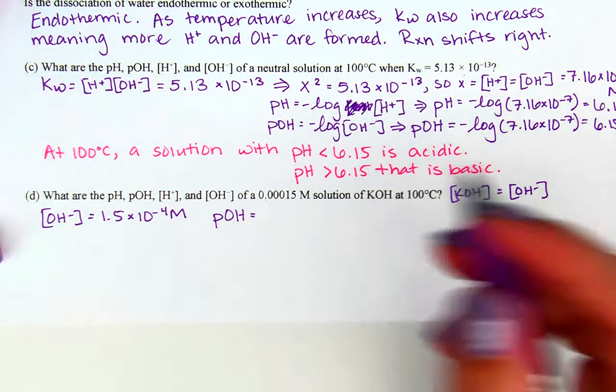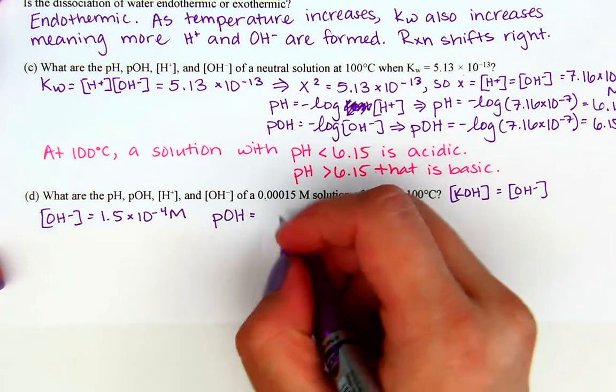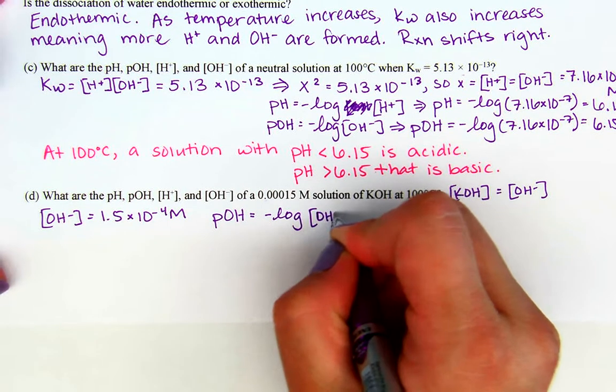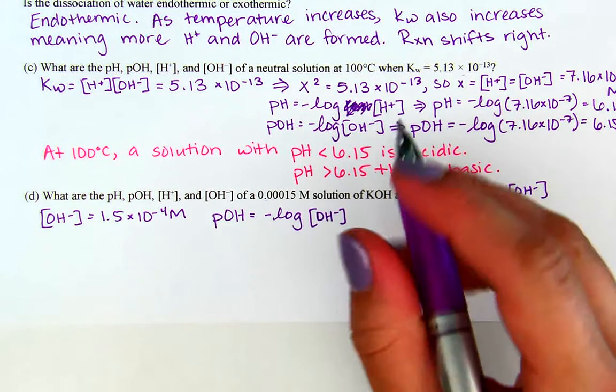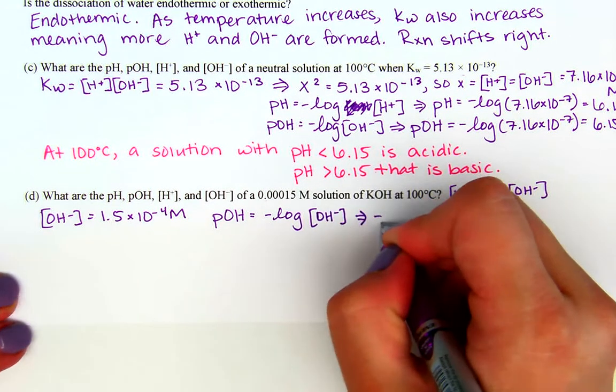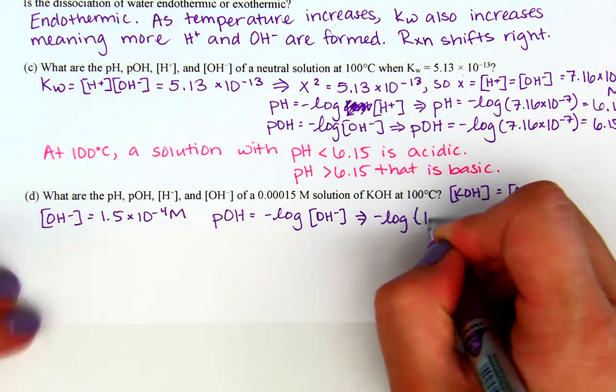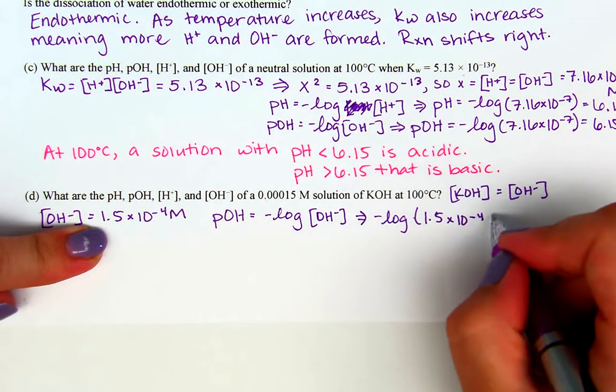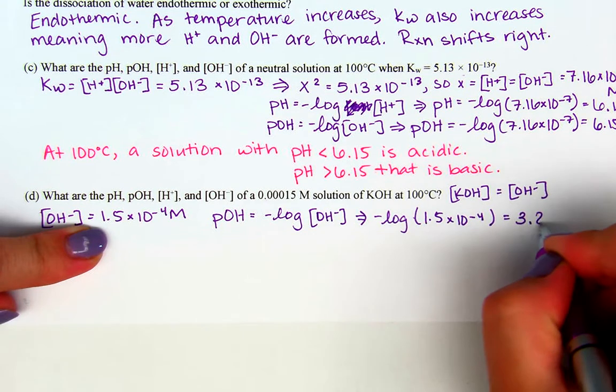Okay, so coming back here, pOH equals negative log of the hydroxide ion concentration. So plugging that number in, we have negative log 1.5 times 10 to the negative 4, and that's going to be 3.82.